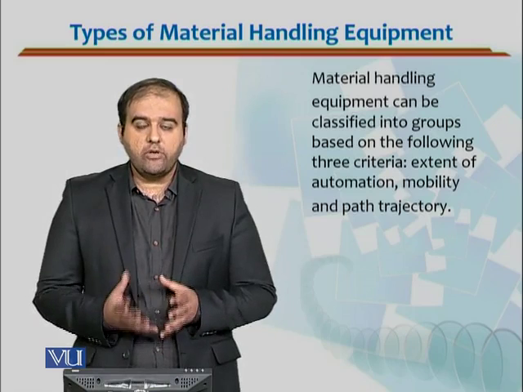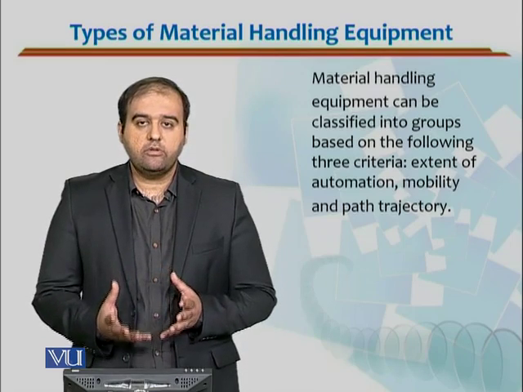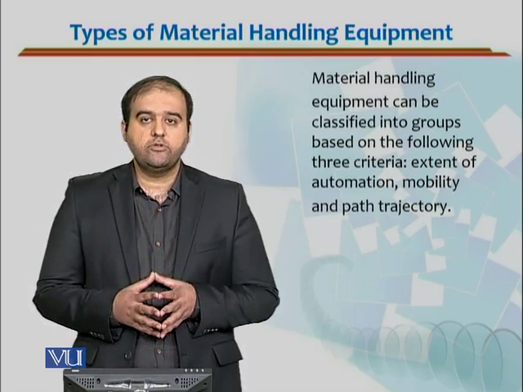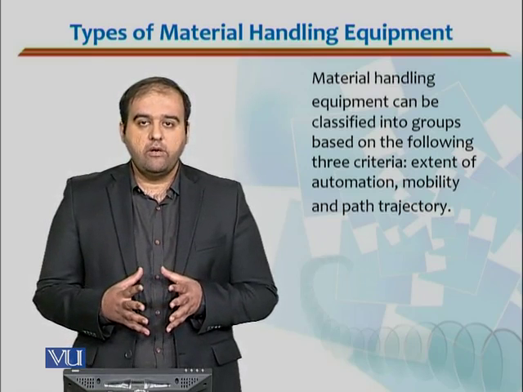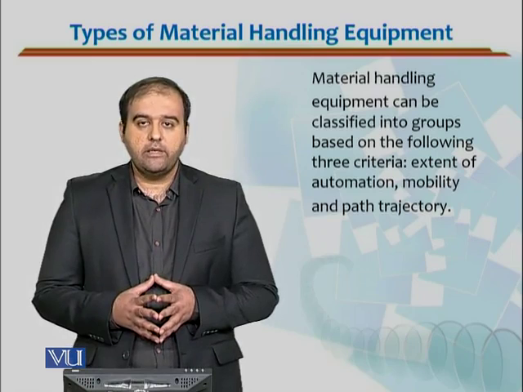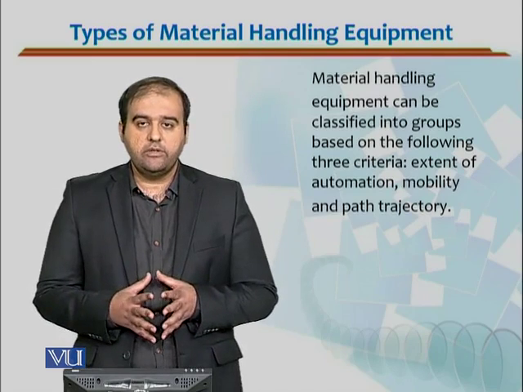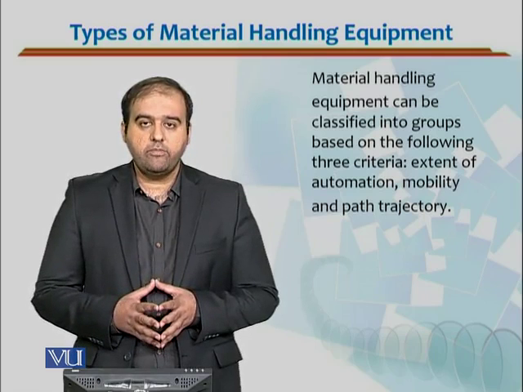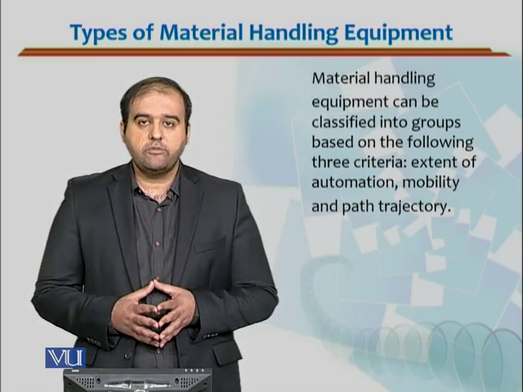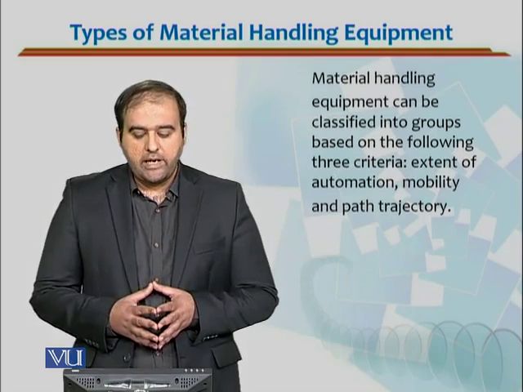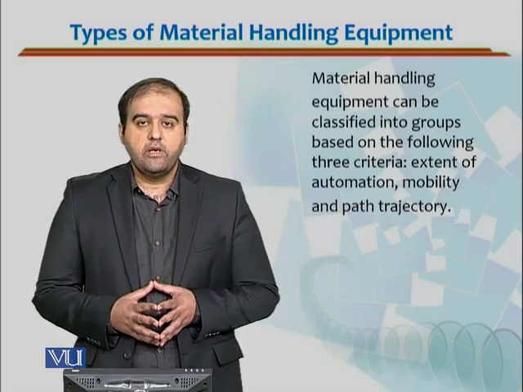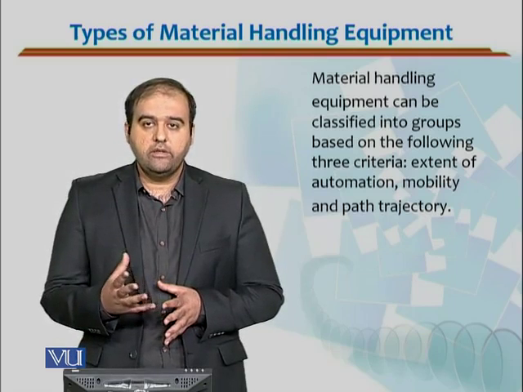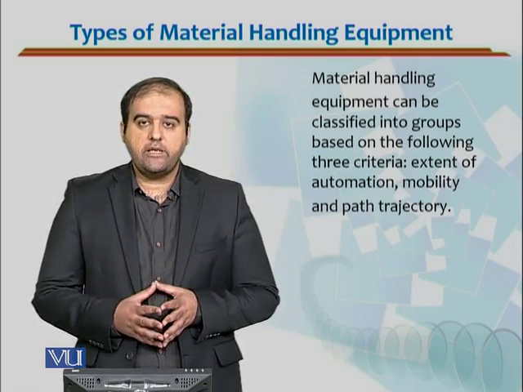Mobility, how easily you can move the equipment in your facility, is also very important, especially for those facilities where movement is limited because they don't have wide passages. So flexibility in terms of mobility is important. And the path trajectory: can you navigate that equipment in different paths at different angles?